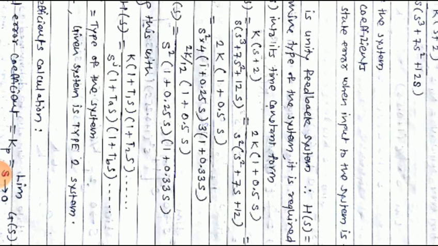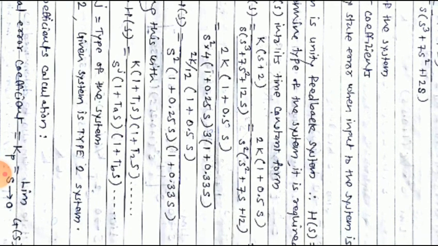After simplification, you will get 2K upon 12 into (1 plus 0.5s) upon s square into (1 plus 0.25s) into (1 plus 0.33s).